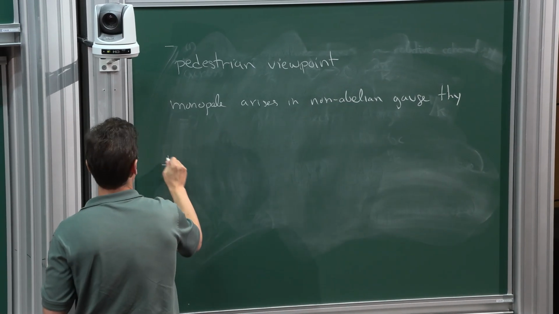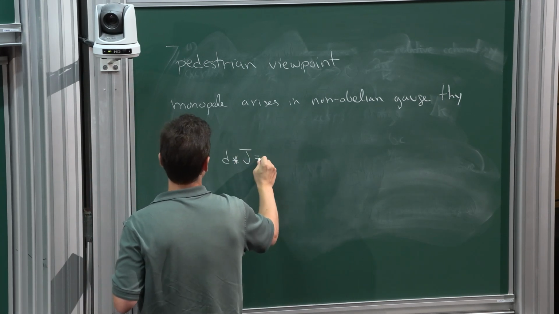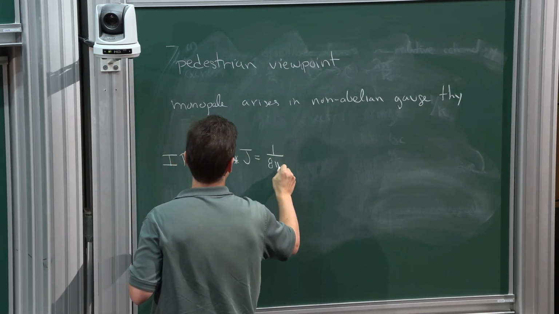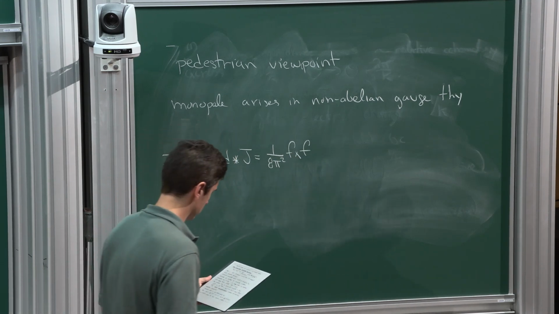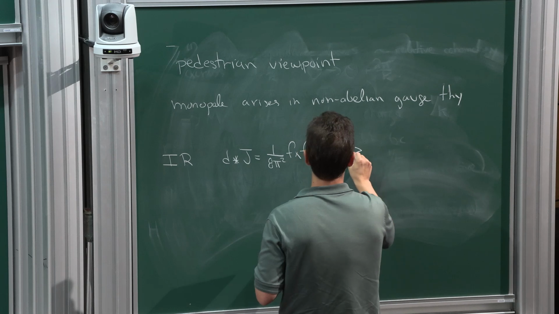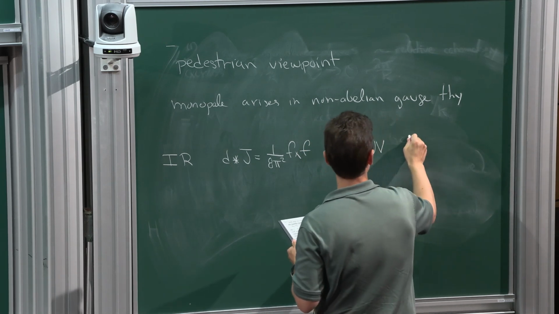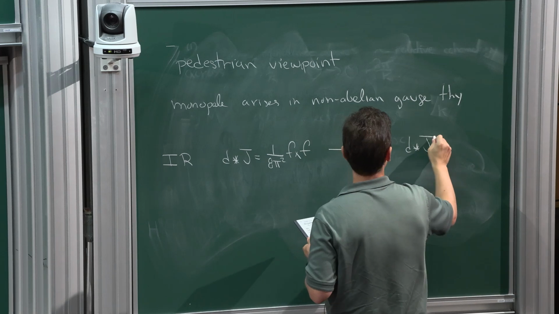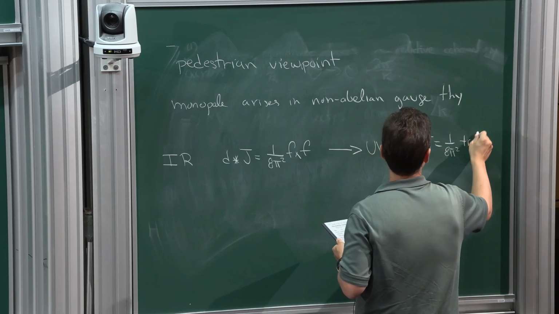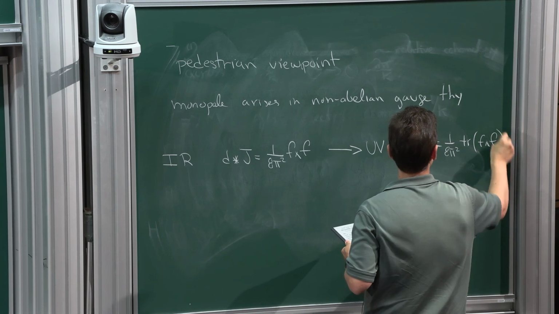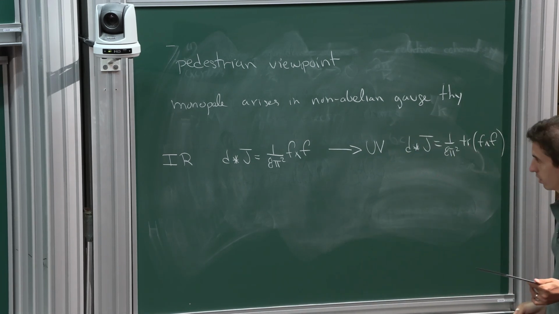So in the IR, we have the equation we've been studying all day. D star j is 1 over 8 pi squared f wedge f, and that led to this non-invertible chiral symmetry. But I can just upgrade this in the UV to d star j is 1 over 8 pi squared trace f wedge f, where this is now a non-abelian field. Okay.